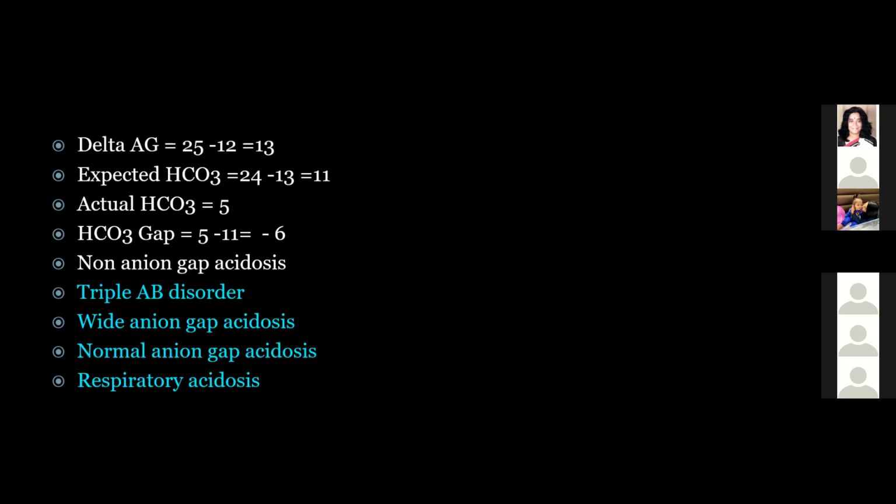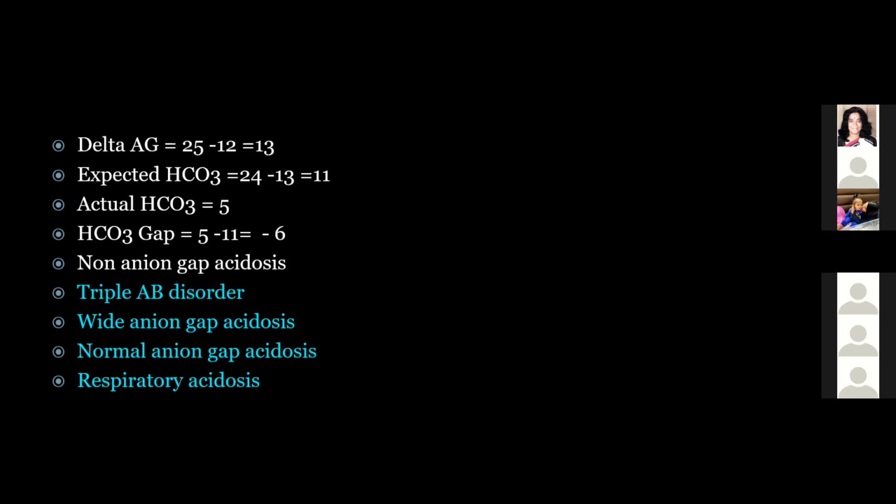So now if you see, this is again a triple acid-base disorder. There's a wide anion gap acidosis, there's a normal anion gap acidosis, which you found by calculating your delta gap, and you have a respiratory acidosis because the kid is not compensating.